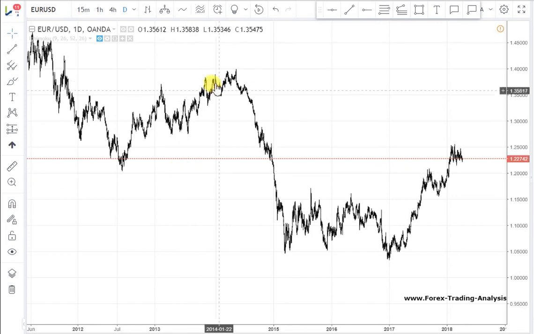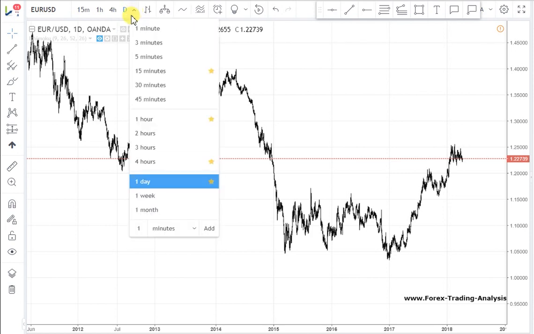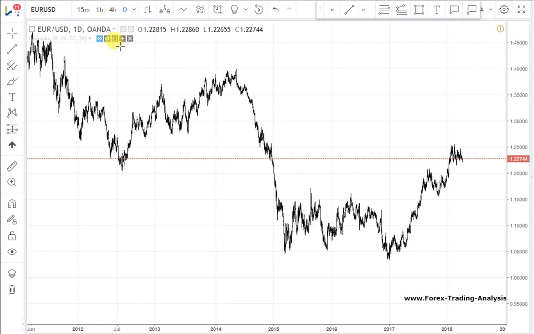The first thing I always like to do is start at higher time frame levels. Depending on the time frame you're trading, a lot of people like to look at longer charts: daily, weekly, 4 hour. The 4 hour, daily, and 1 hour is usually what I trade.